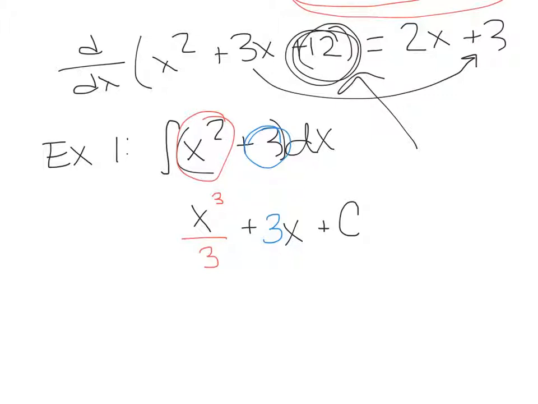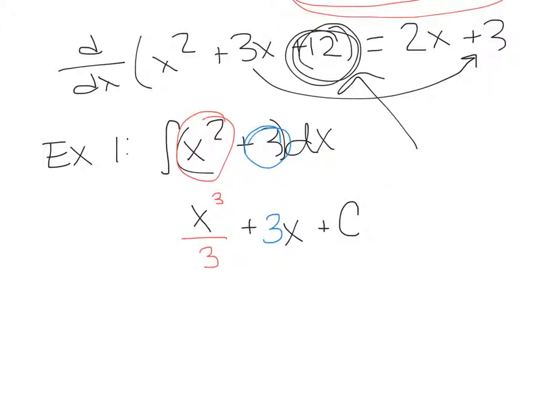Make sure your C looks like a capital C. I know lowercase and capital C's look the same, but it needs to be capital C, so just make sure it's obvious, okay? Now, hopefully you should then look at your answer, which is what we have here, and say, okay, I need to simplify this to look pretty.